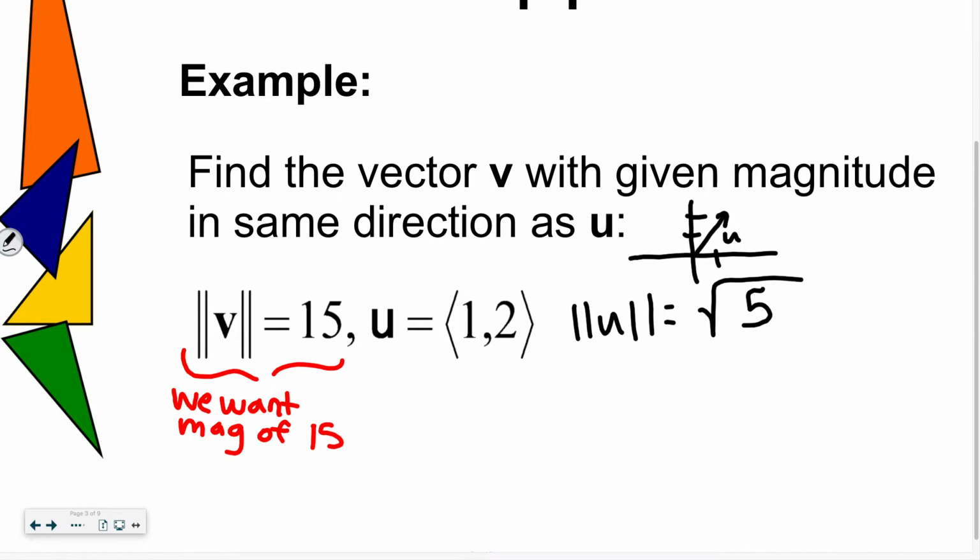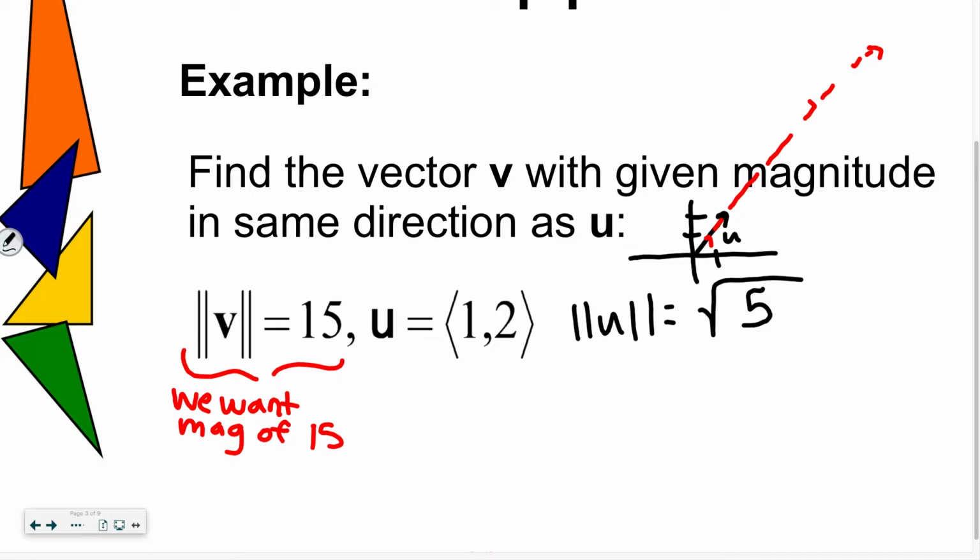We might not have to show all the work every time. We can do 1 plus 4 in our head. So the magnitude of u is 5. That's only what, 2.1, 2.2, something like that. So we're looking for v, and we really want it to be a much longer vector, right? We want it to have that magnitude of 15.